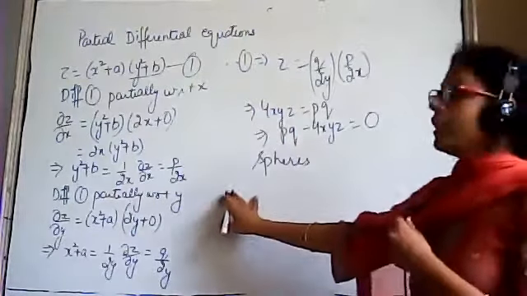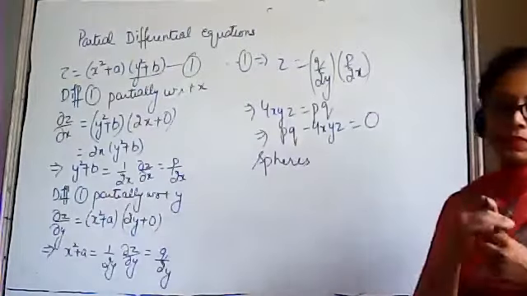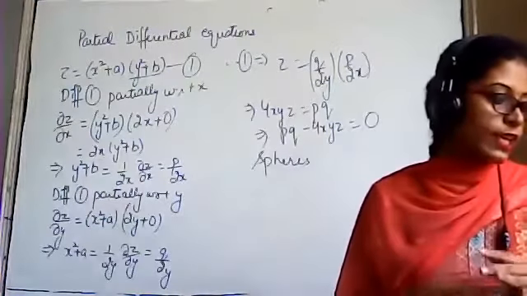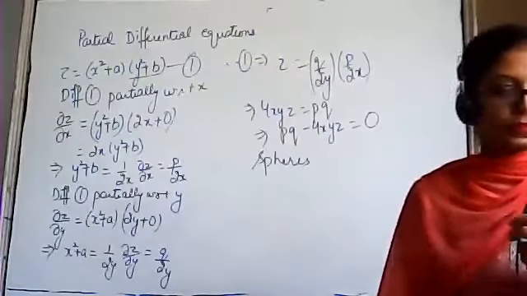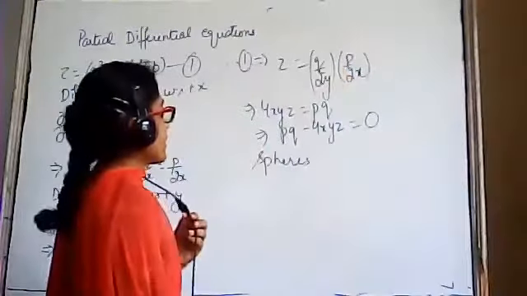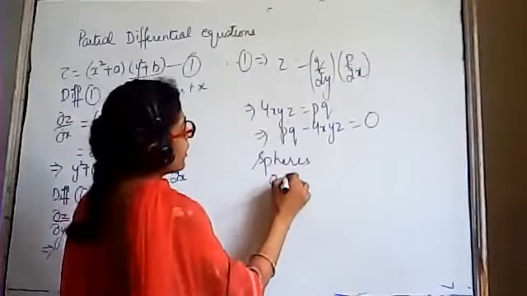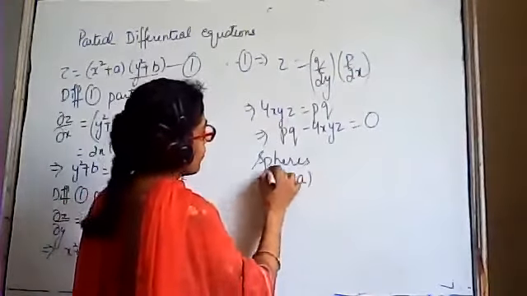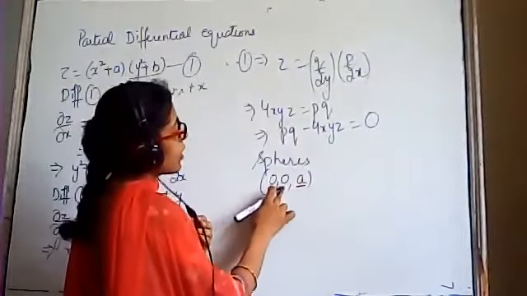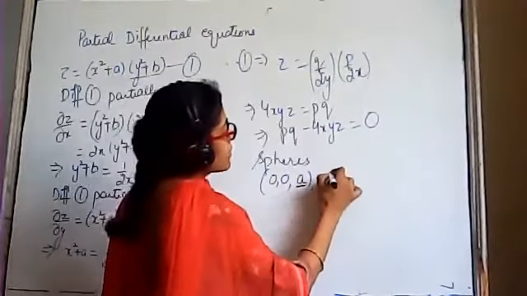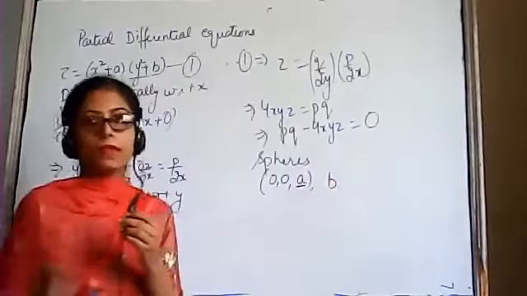Write the solution. Let the equation of the sphere with center at the point, let it be 0, 0, a, because we have center at the z-axis. So x and y coordinate will be 0 and its radius be b.